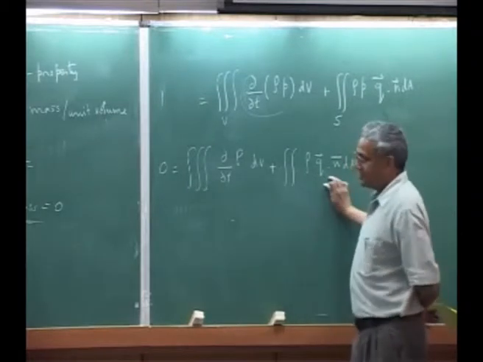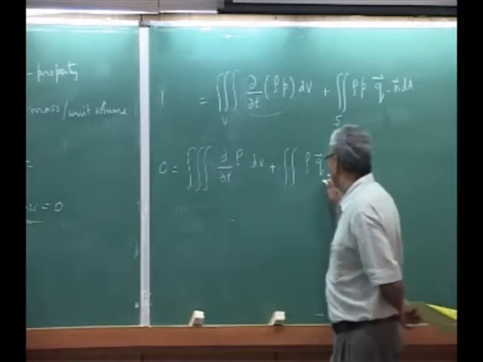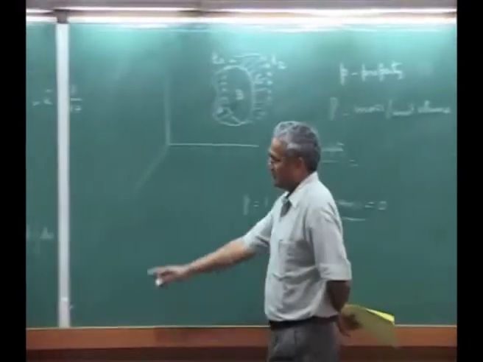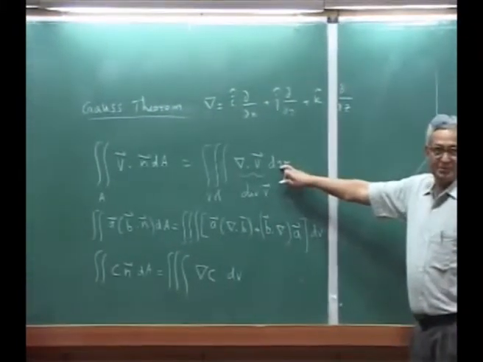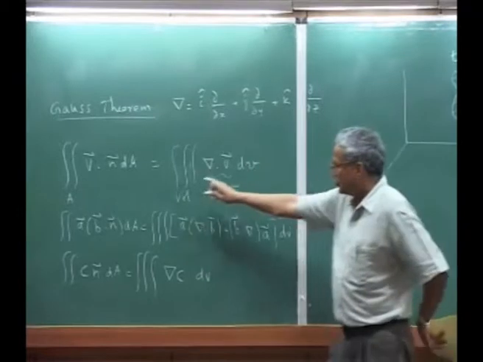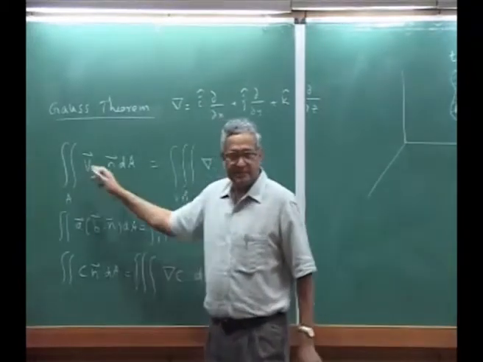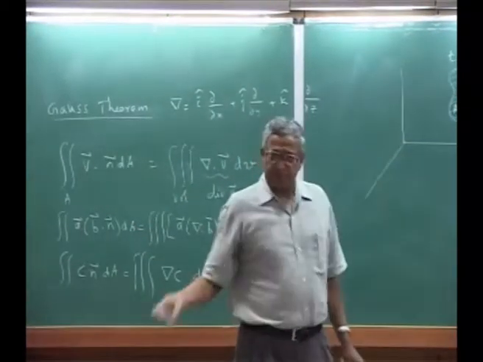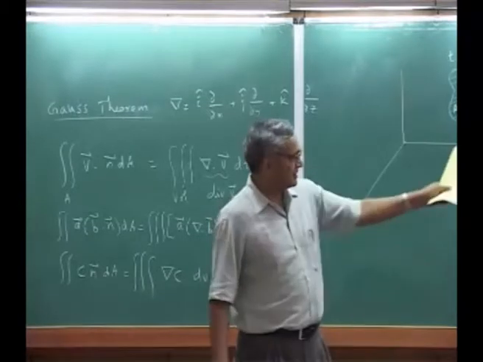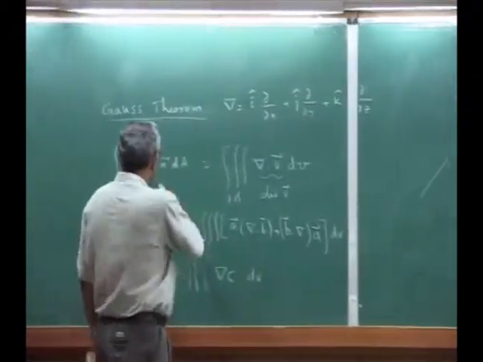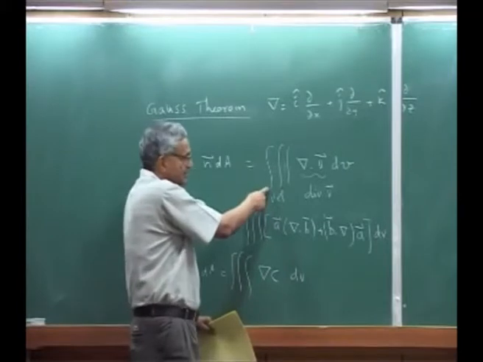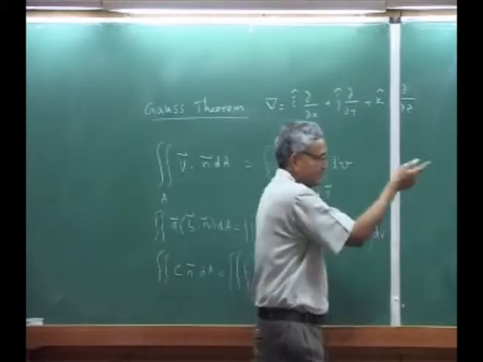Now you can convert this into, look at this equation, because rho is a scalar and rho q is basically a vector quantity, vector dot n dA. I can convert it into a volume integral which is the divergence of that.